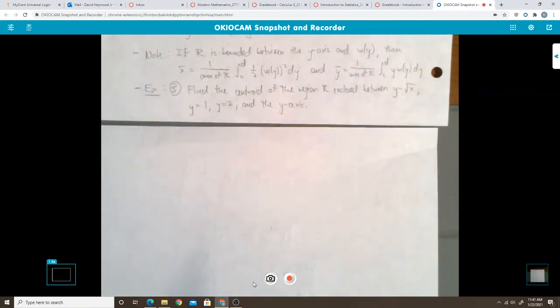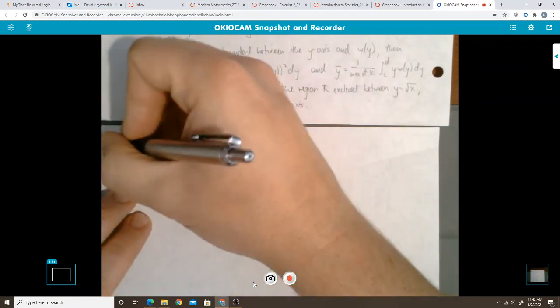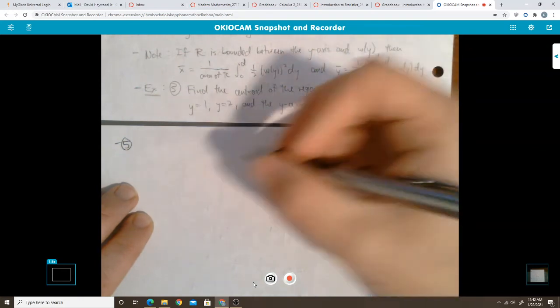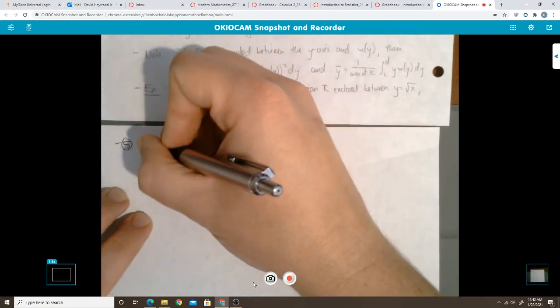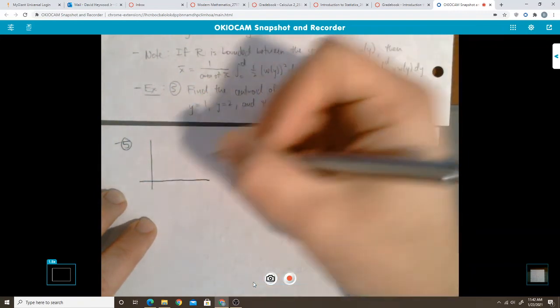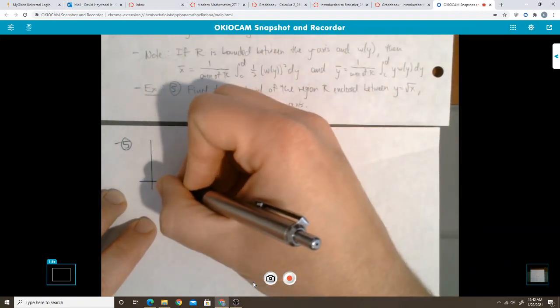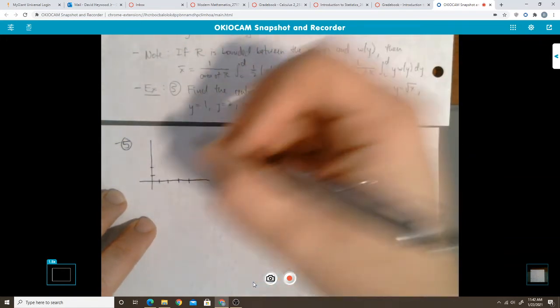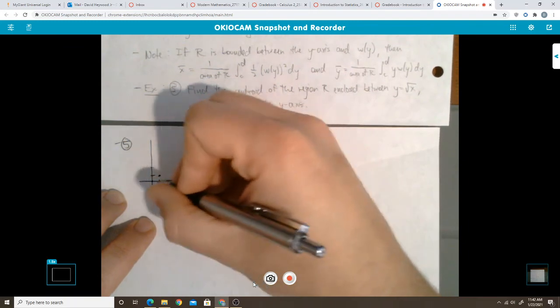But number 5 says, find the centroid of the region R enclosed between y equals square root of x, y equals 1, y equals 2, and the y-axis. Okay, let's draw it. So y equals square root of x goes through 0, 0, 1, 1, 4, 2.